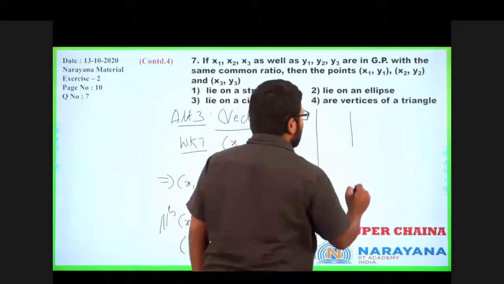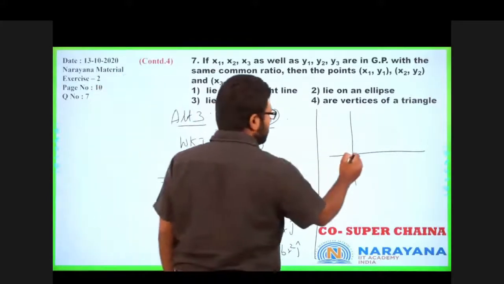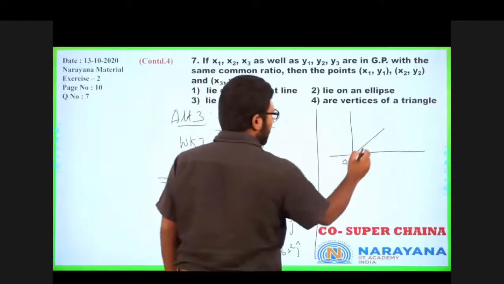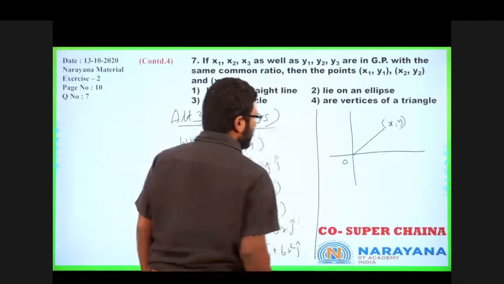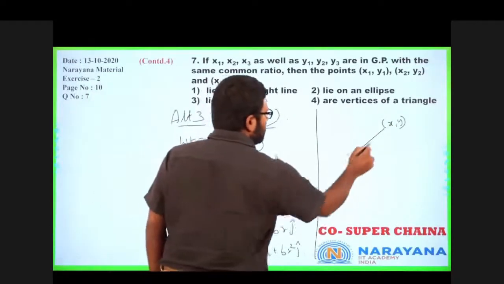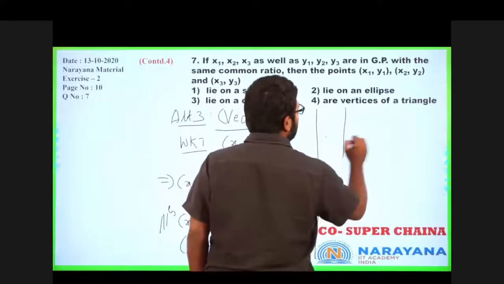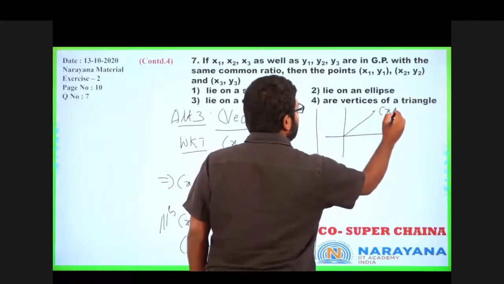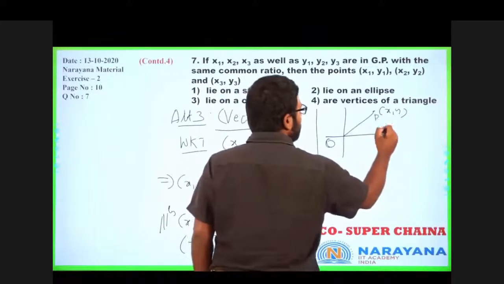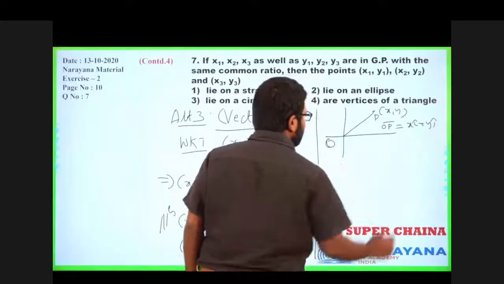If you look at the diagram, what it will mean is x i cap plus y j cap always joins the points O to x comma y. If you join a point x comma y to O, then OP becomes x i cap plus y j cap, right?